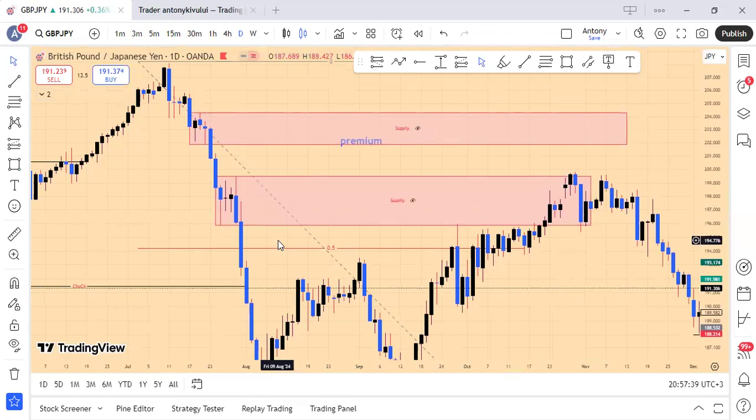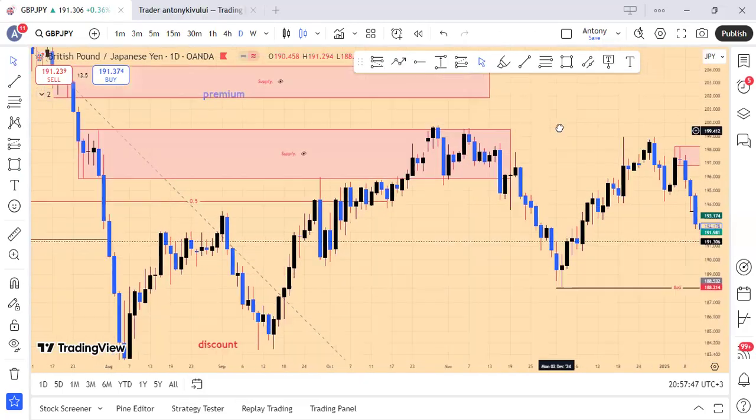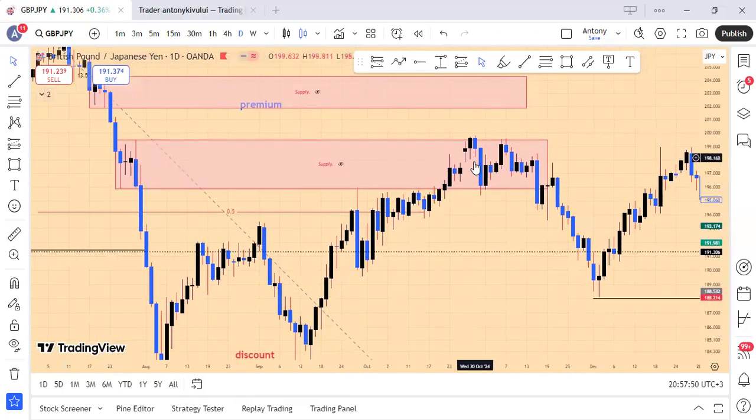Now, you can see here, that is our supply area. So now the next thing is it will just be a waiting game. You just watch to see what the price is doing when it reaches your supply. And sometimes, the first touch will be an inducement.